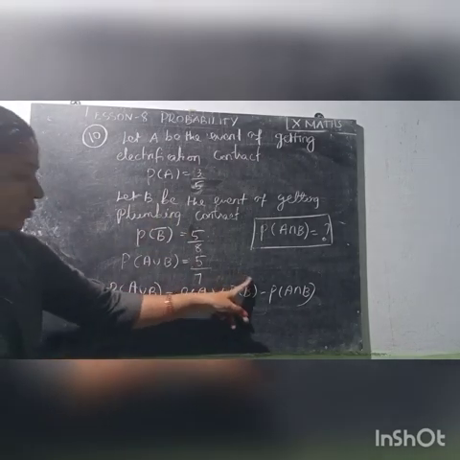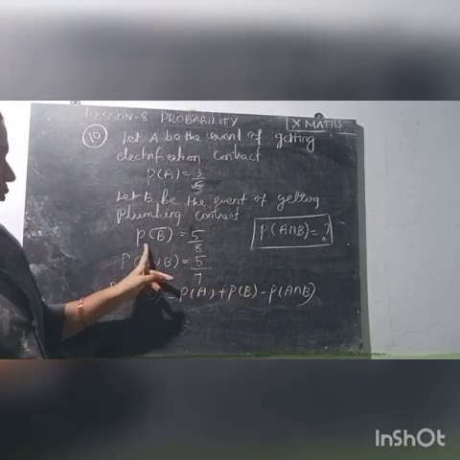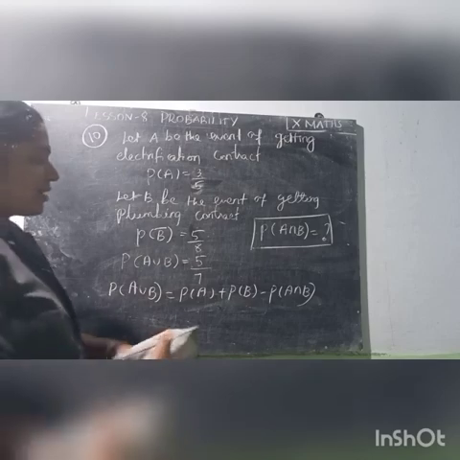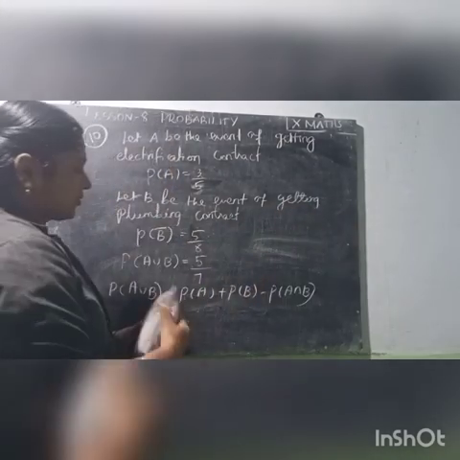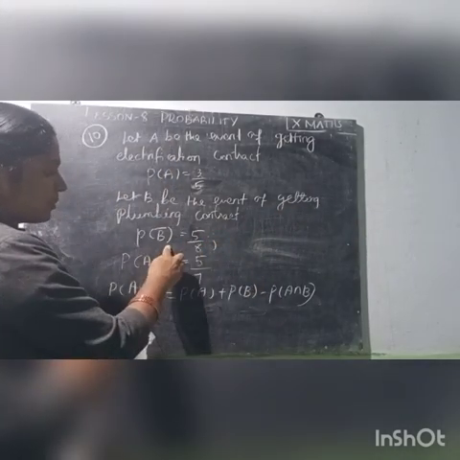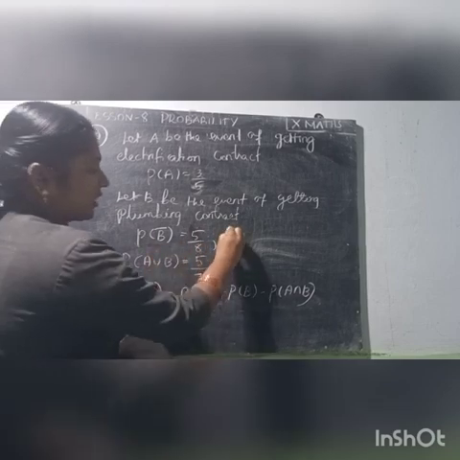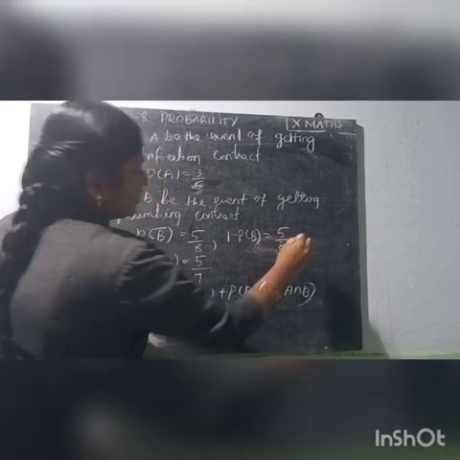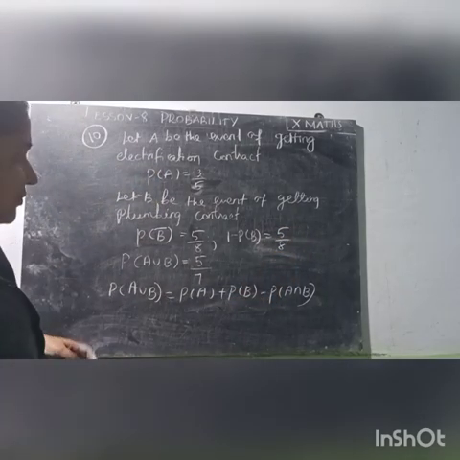So we have to find out P of B value, but we know only P of B bar value. So let me find out first P of B value. See, P of B bar is 5 by 8. P of B bar can be written as 1 minus P of B, that is equal to 5 by 8.